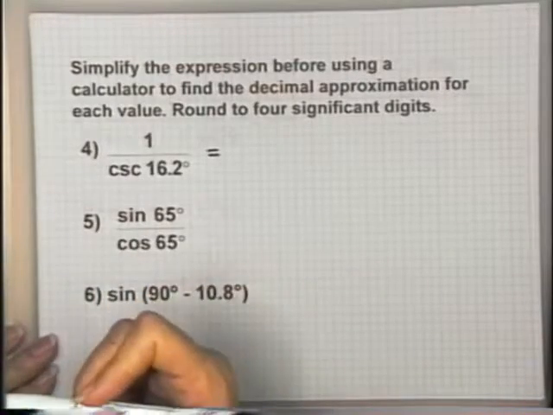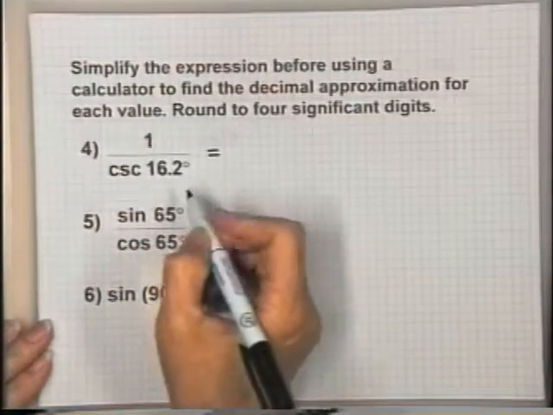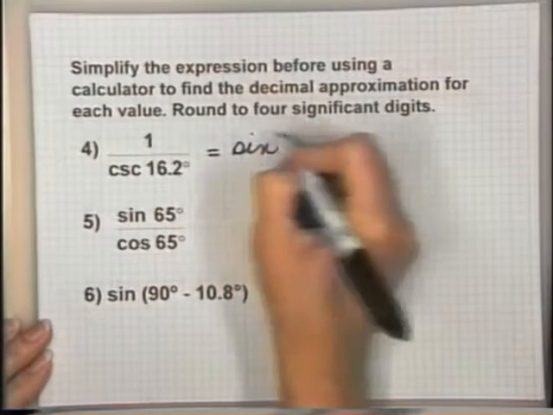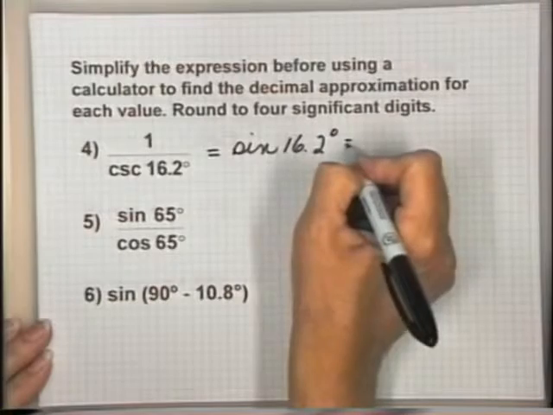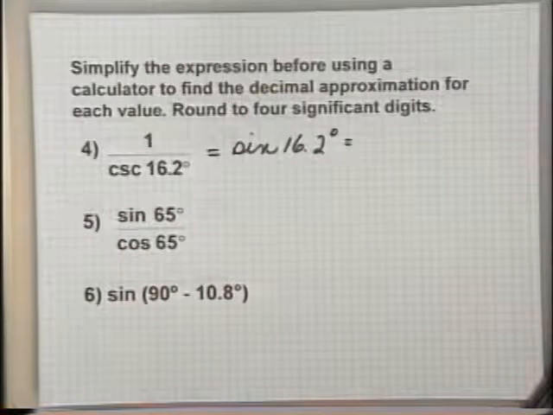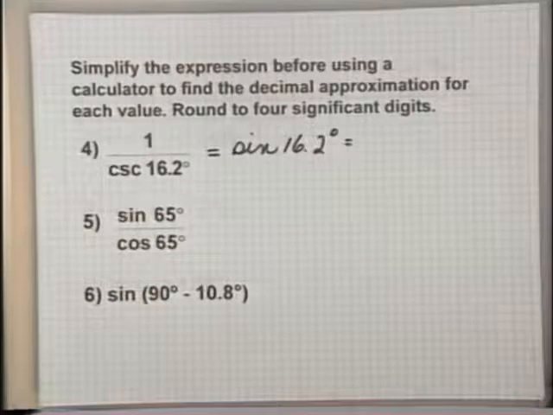So what we're supposed to know is that 1 over the cosecant of 16 2/10 degrees is the same as the sine of 16 2/10 degrees. And so all of our calculators have sine buttons. So I'll let you use whichever calculator you prefer to calculate the sine of 16.2 degrees.